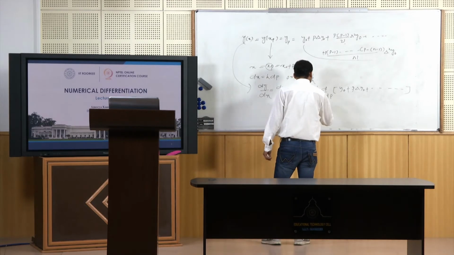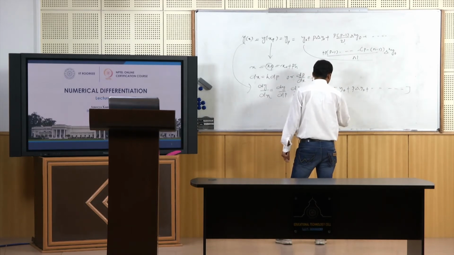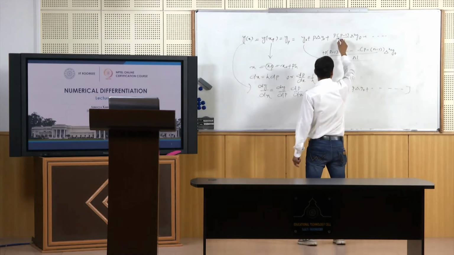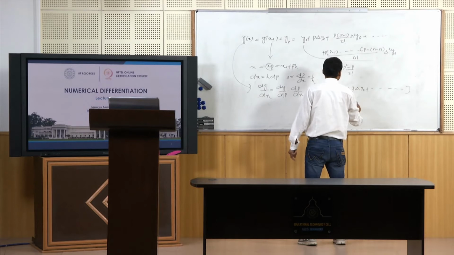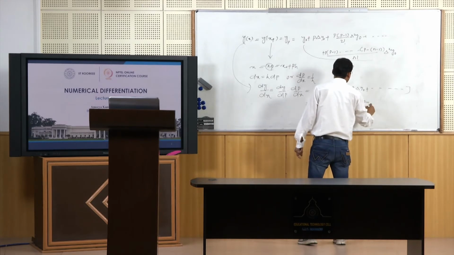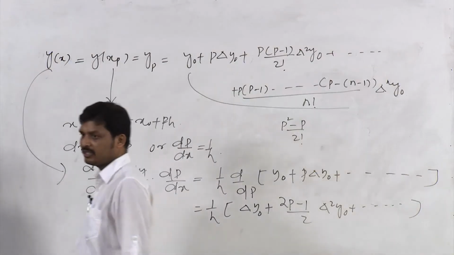1 by h. The first term, if we differentiate, will give you 0. The second term we will get as del y0. The third term, if we differentiate, is p square minus p by 2 factorial, so it can be expressed as 2p minus 1 by 2 del square of y0. Likewise, all the other terms you can differentiate.